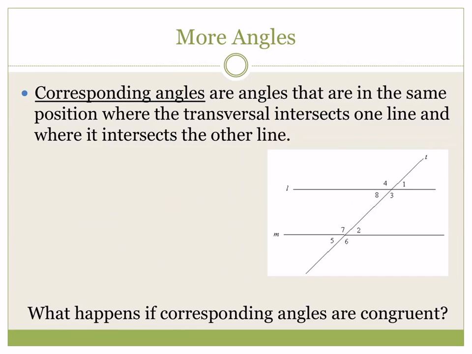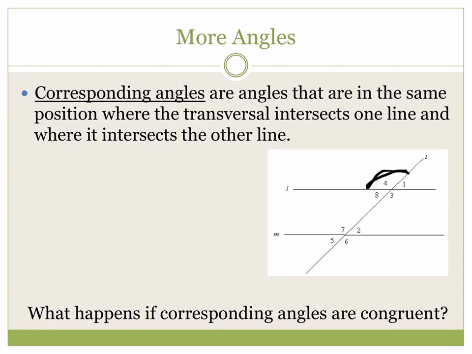Okay, I think this is our last one, corresponding. Corresponding angles are angles that are in the same position where the transversal intersects one line as it intersects the other one. So, somebody pick any of, there's 8 angles here. Somebody pick me an angle. 4, okay.